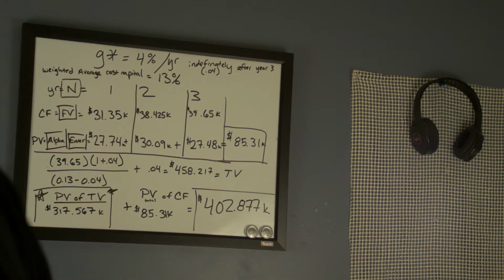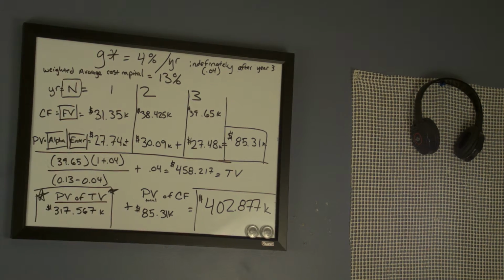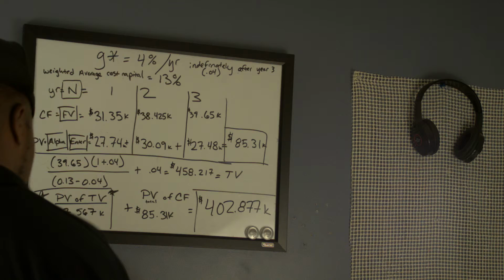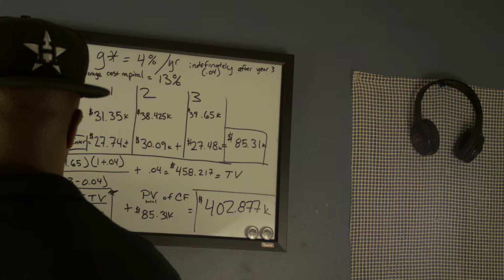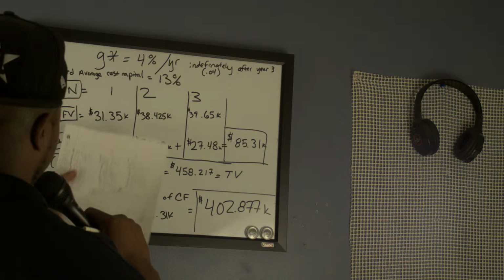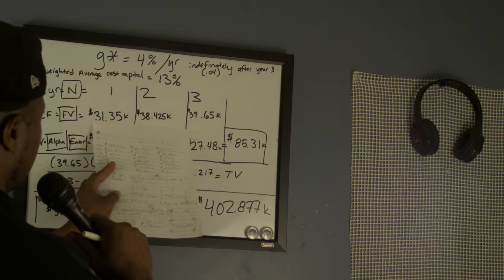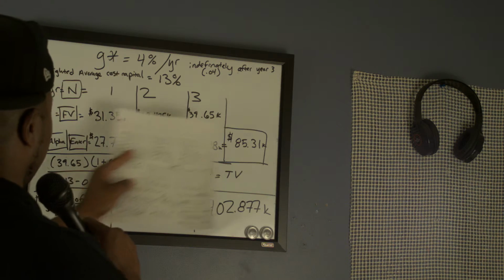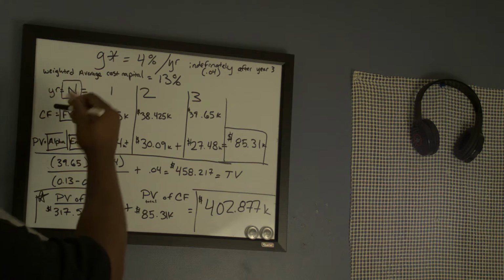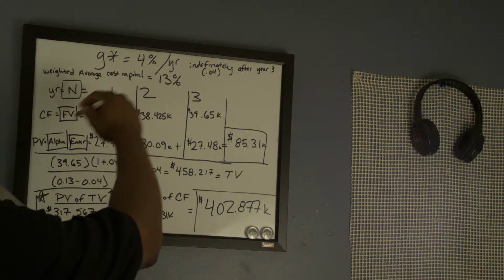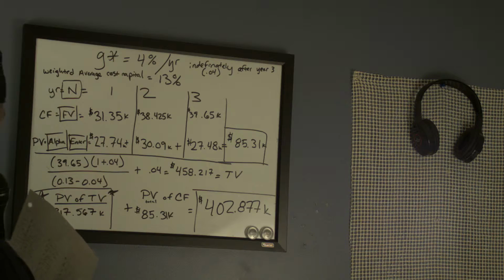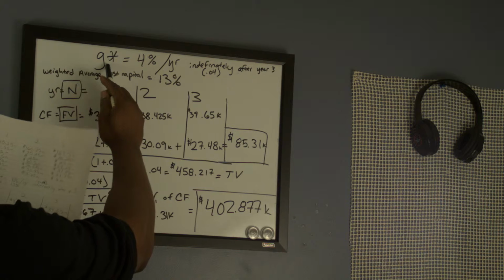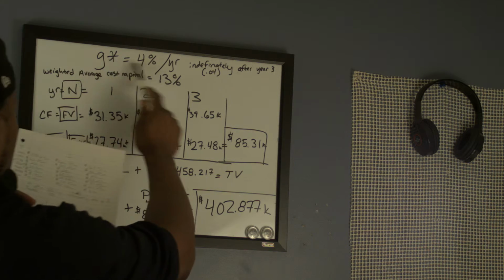All right, so once you got your cash flows figured out, these are your cash flows for each year, 1, 2, and 3. These numbers right here, I drew little buttons around them because that's what you're going to need when you get ready to put it into your calculator. This G star right here is the growth rate.